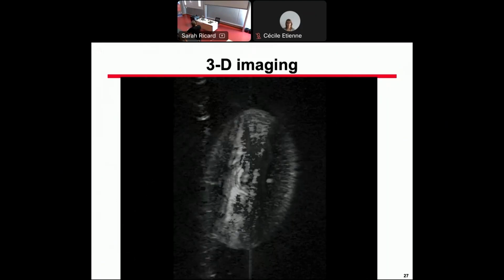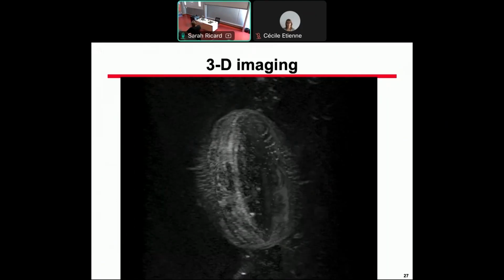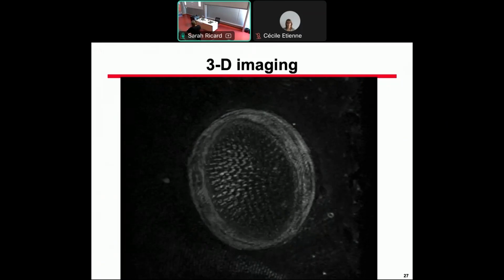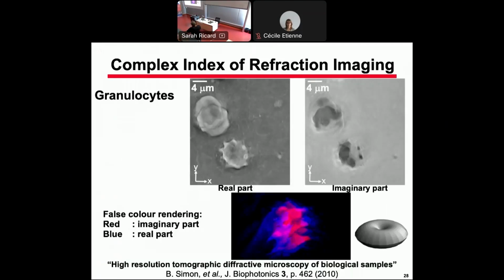And it's naturally 3D without having to move the stage, thanks to a nice paper from the group. The second interest is, in fact, the index of refraction is a complex quantity. You have the refraction, but you have also the absorption. And here are the granulocytes.